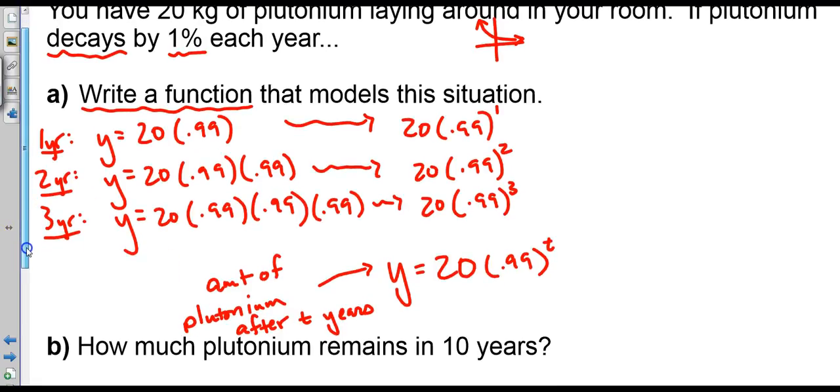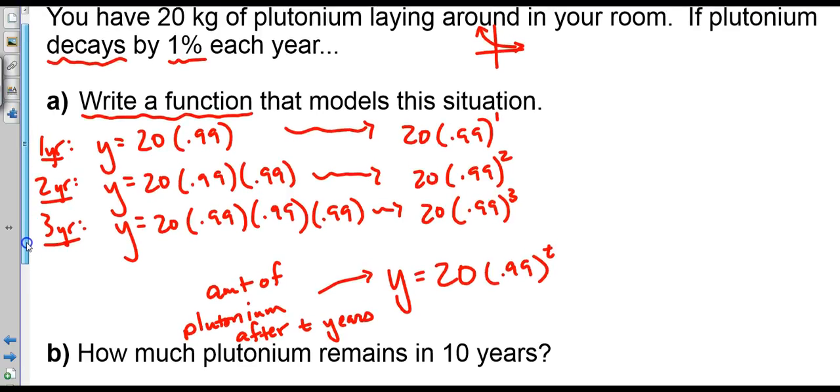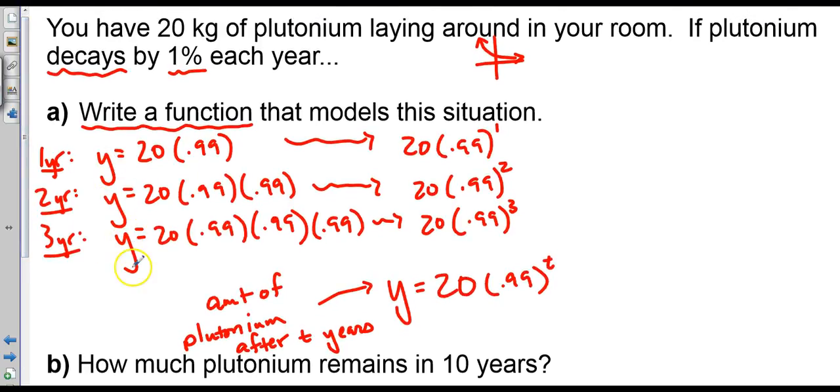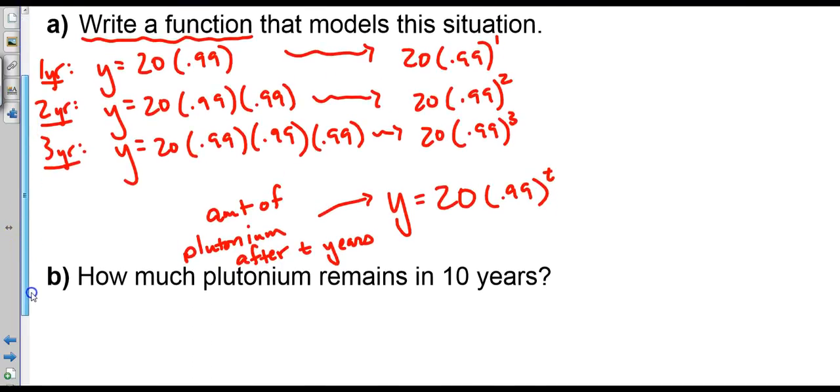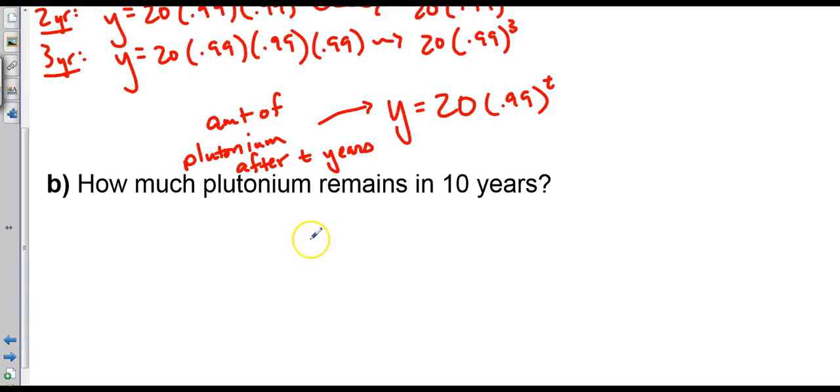Okay? So we can go down here and figure out how much plutonium remains after 10 years. We don't have to continue to do this individually for year 4 and 5 and 6 and 7 and 8 and 9 and 10 all the way up. All we need to do is y equals 20 times our rate of decay. And again, this is less than 1, which means it is decreasing.